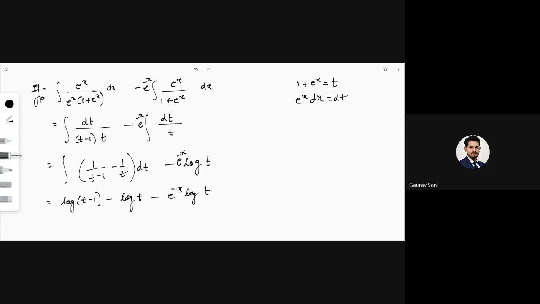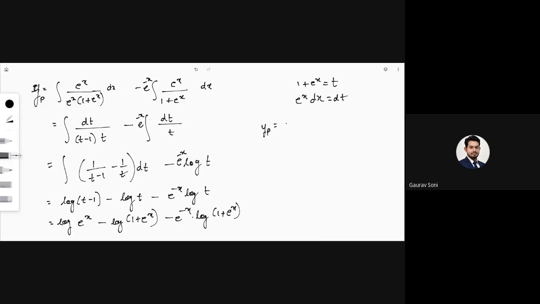Resubstitute the value of t. The log of t minus 1 is e to the power x, minus log of 1 plus e to the power x, minus e to the power minus x log of 1 plus e to the power x. So we'll simplify this.